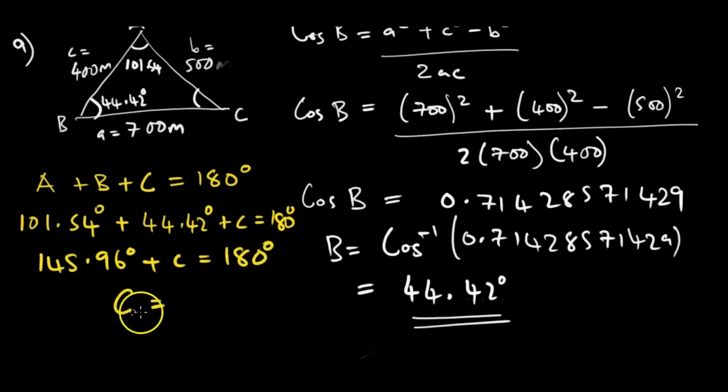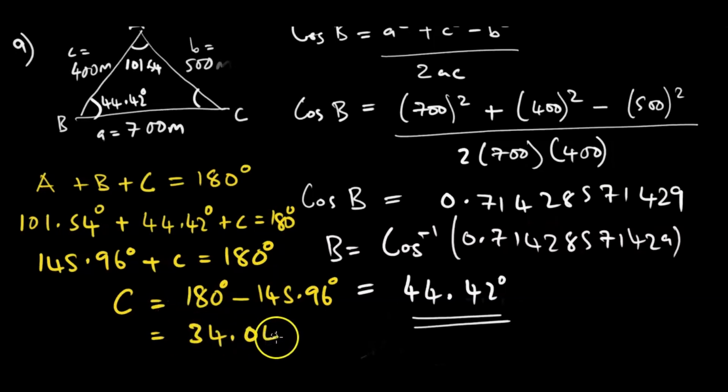Saka kuti tiwane c, we are saying 180 subtracting 145.96, that will be equal to 34.04 degrees for c.